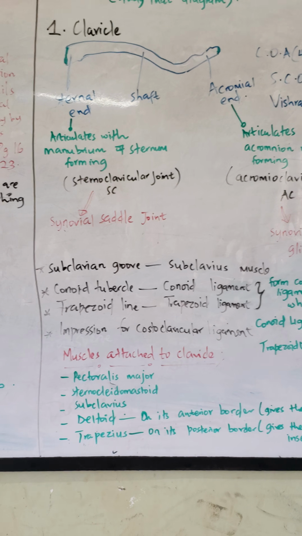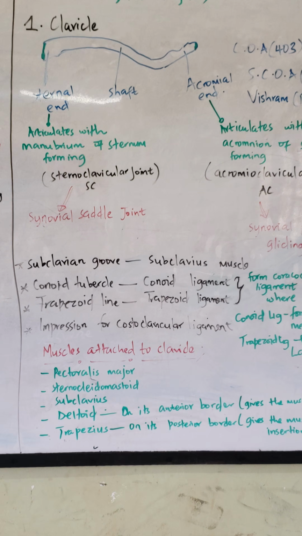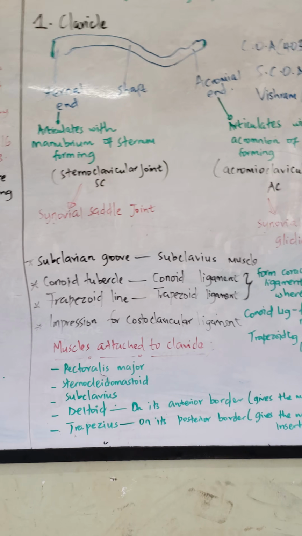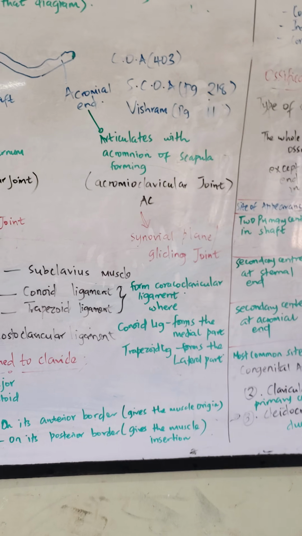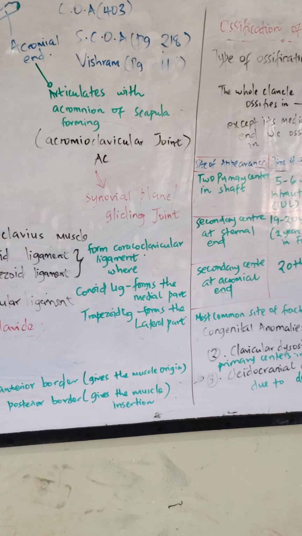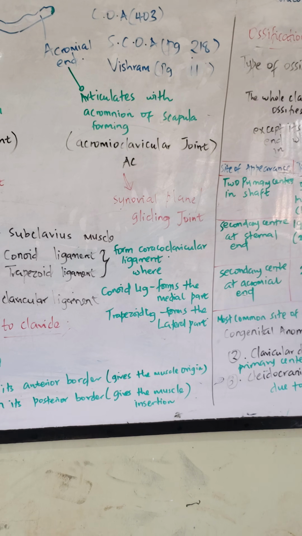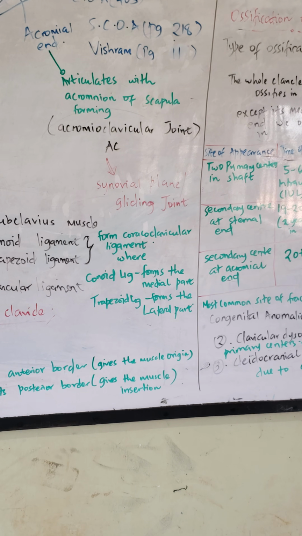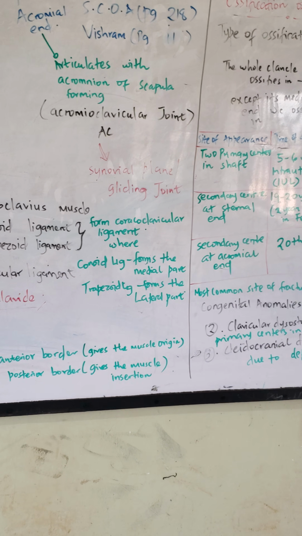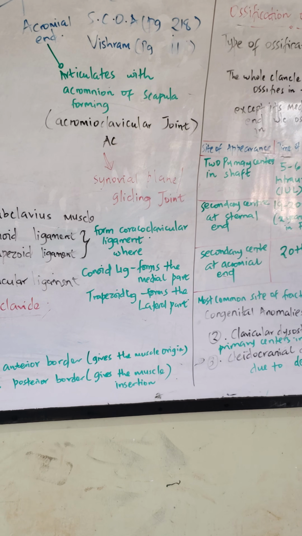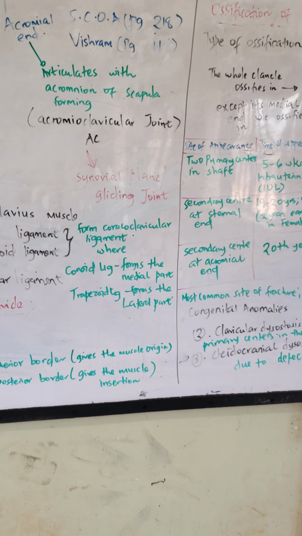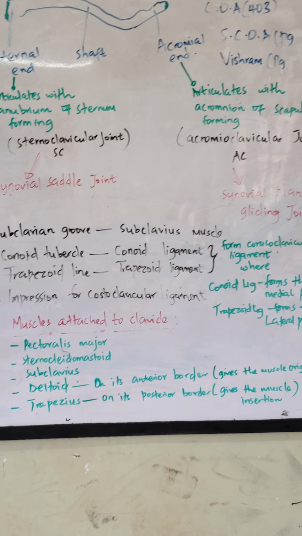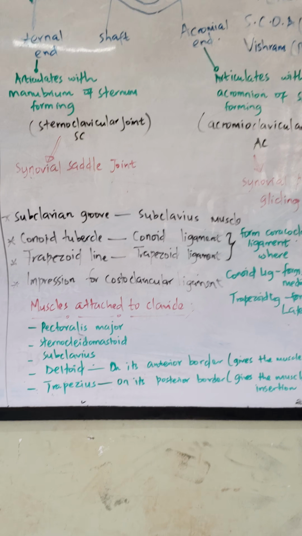And the type of this joint is synovial saddle joint. Then the acromial end articulates with the acromion of the scapula, and it forms the acromioclavicular joint. And the type of the joint is synovial plane or grinding joint. These things are questionable in your exams. You need to know them.